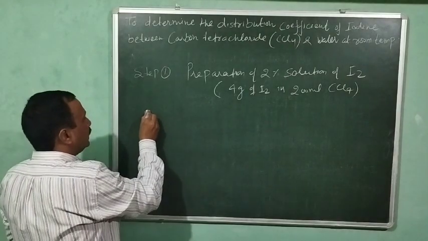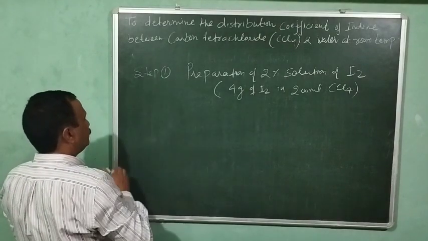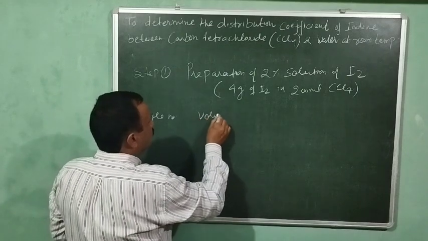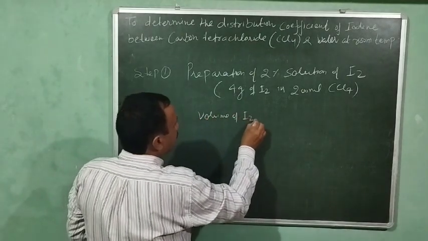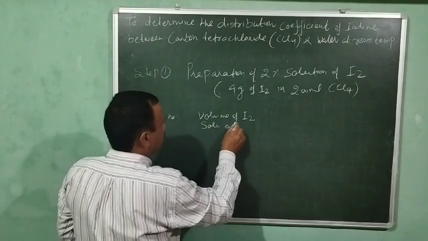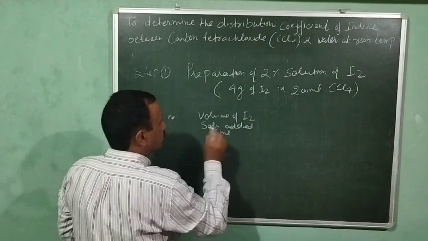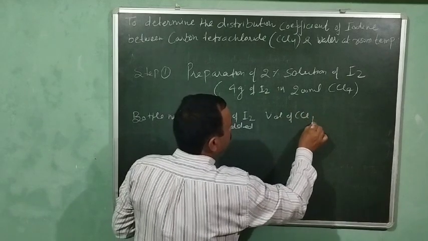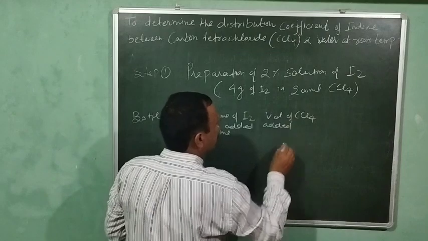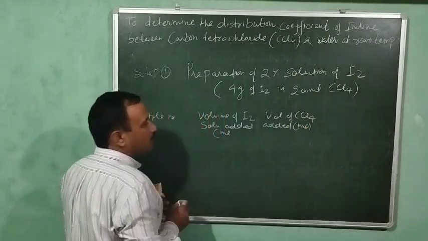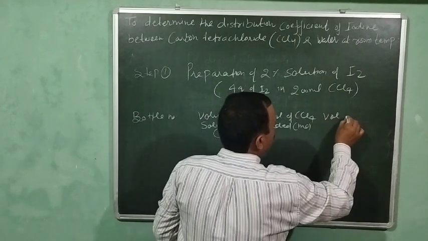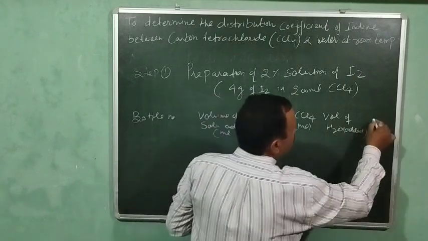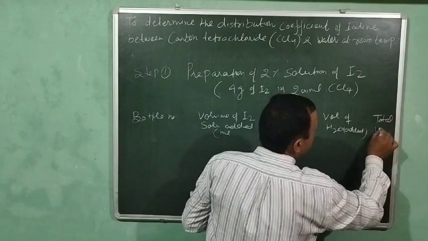So here we will have bottle number, then volume of iodine solution added, and it will be in ml, then volume of CCl4 added, it will also be in ml, then volume of water added, and then finally we will have total volume.